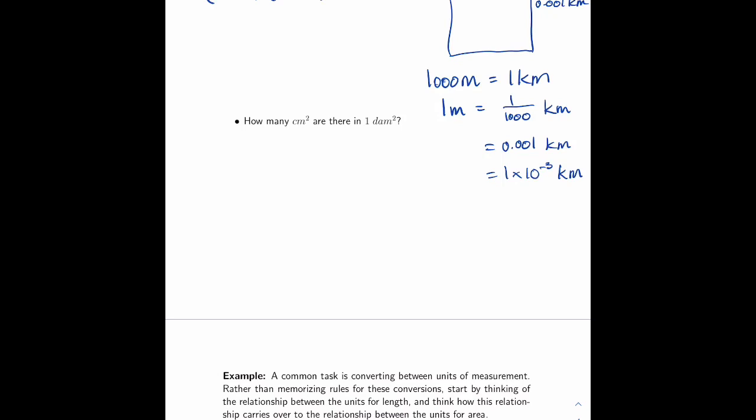So this works out to, well, I can count the number of zeros, or I think I kind of like doing it with scientific notation. So 1 times 10 to the minus 3 times 1 times 10 to the minus 3 is 1 times 10 to the negative 6.